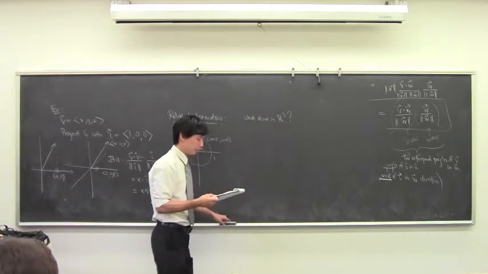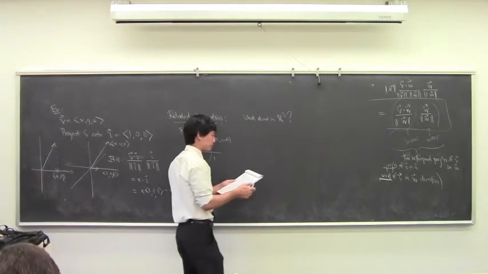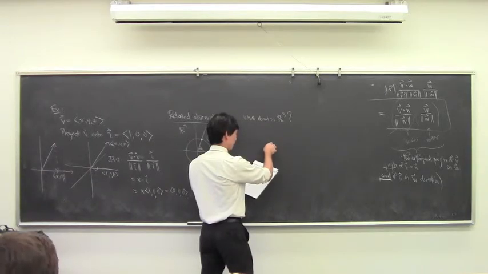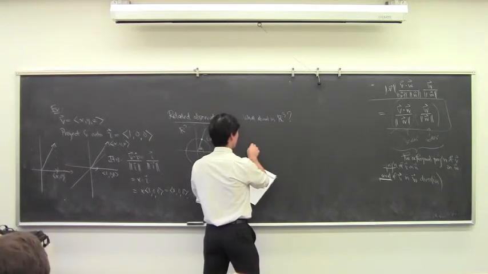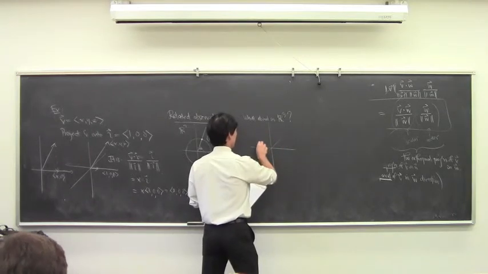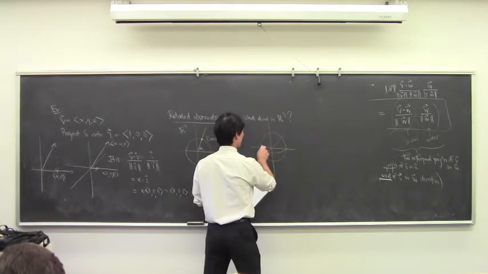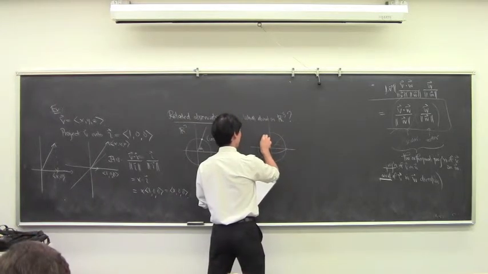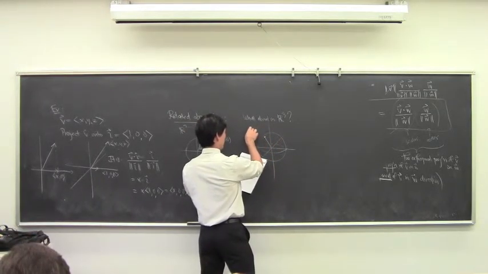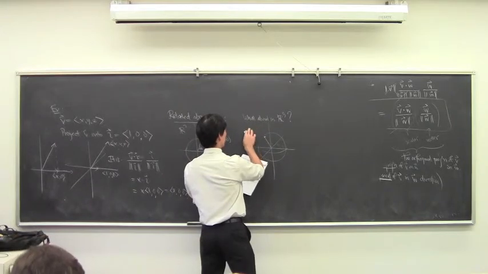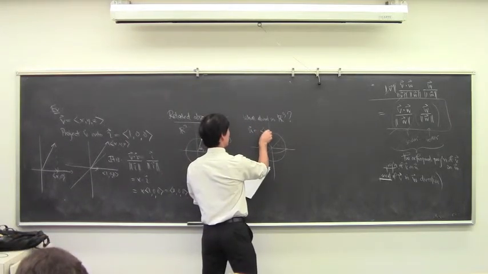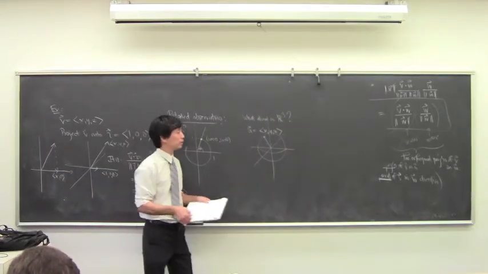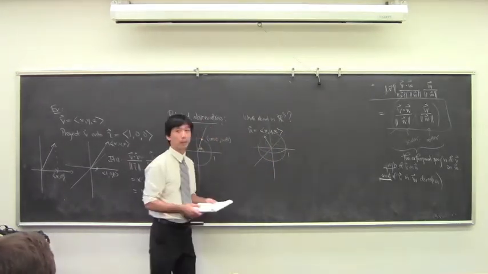So say we're on the unit sphere, and we have some point, some vector u being x, y, z. So this is on the unit sphere.